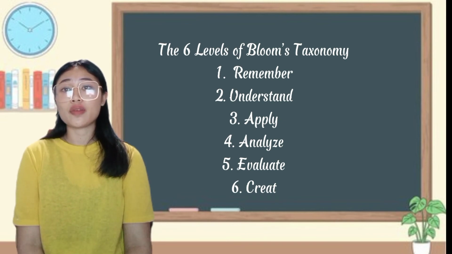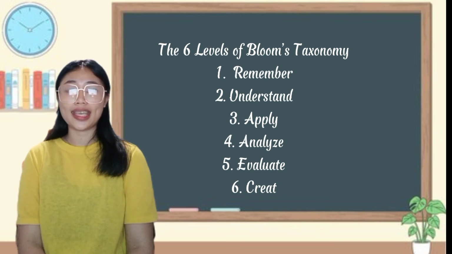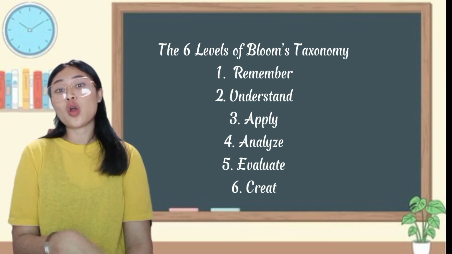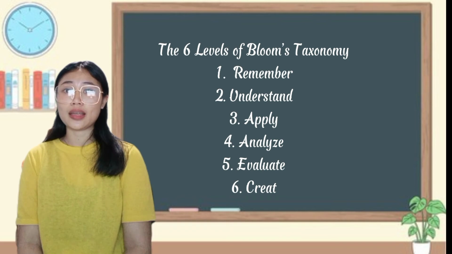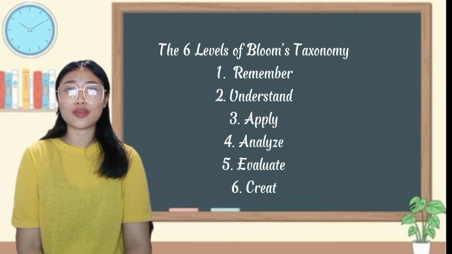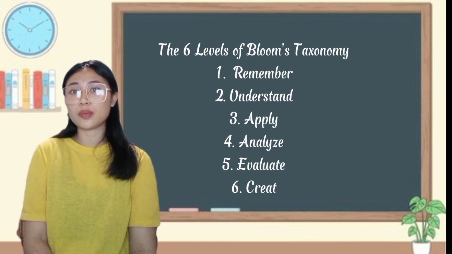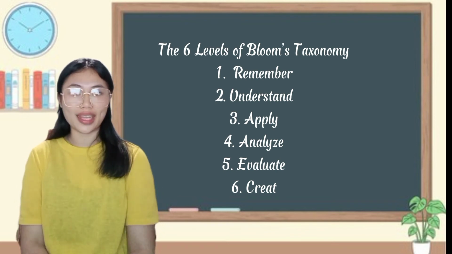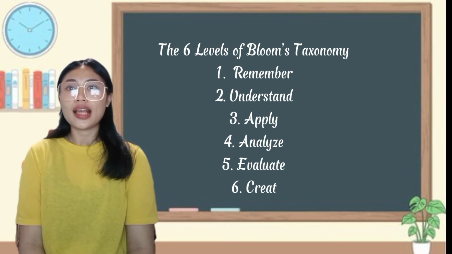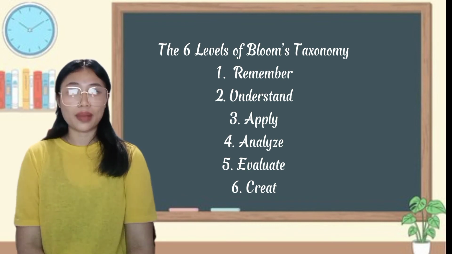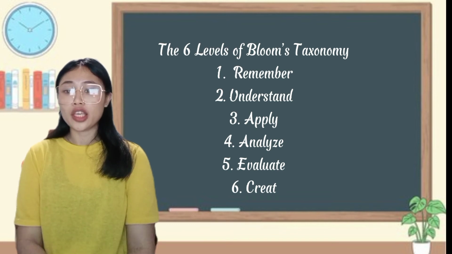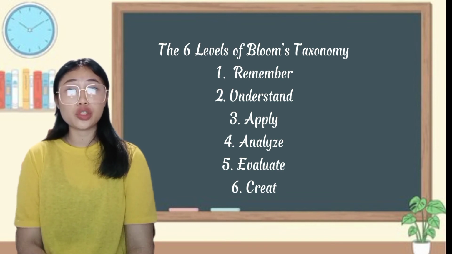Some examples of activities that we can apply at the understanding level are organizing the animal kingdom based on a given framework, illustrating the difference between a rectangle and a square, and summarizing the plot of a simple story. The third level is to apply or use information in a new situation.